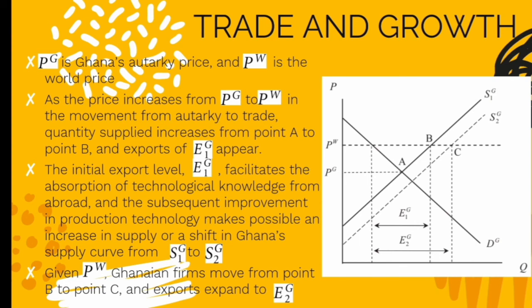Then, given PW, Ghanaian firms move from point B to point C and exports expand to EG2. So, in simplified form, this is how some international and development economists view the role of exports in the development process.